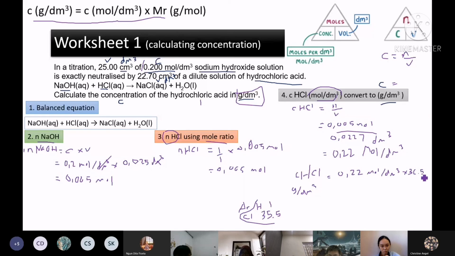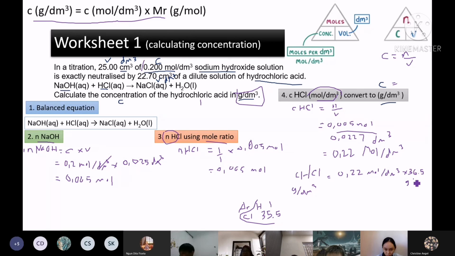36.5. What is the unit of molar mass, Alexander? Remember the unit of molar mass? Gram.